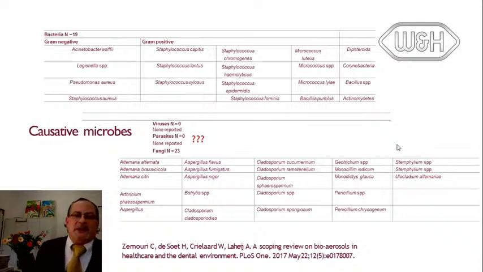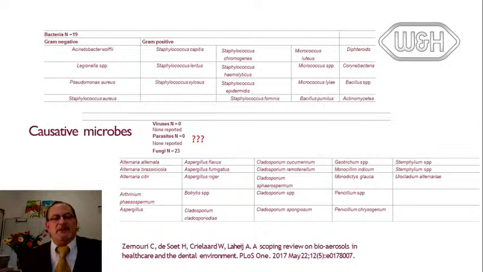And if we ask ourselves which microbes might be detected in the aerosol, there are some causative microbes, which means they can be the reason for some infection. And of course, in the working field of the dental health care environment, we can find the bacteria that we may find in the mouth of the patient, but also in the water pipes like the Legionella species.